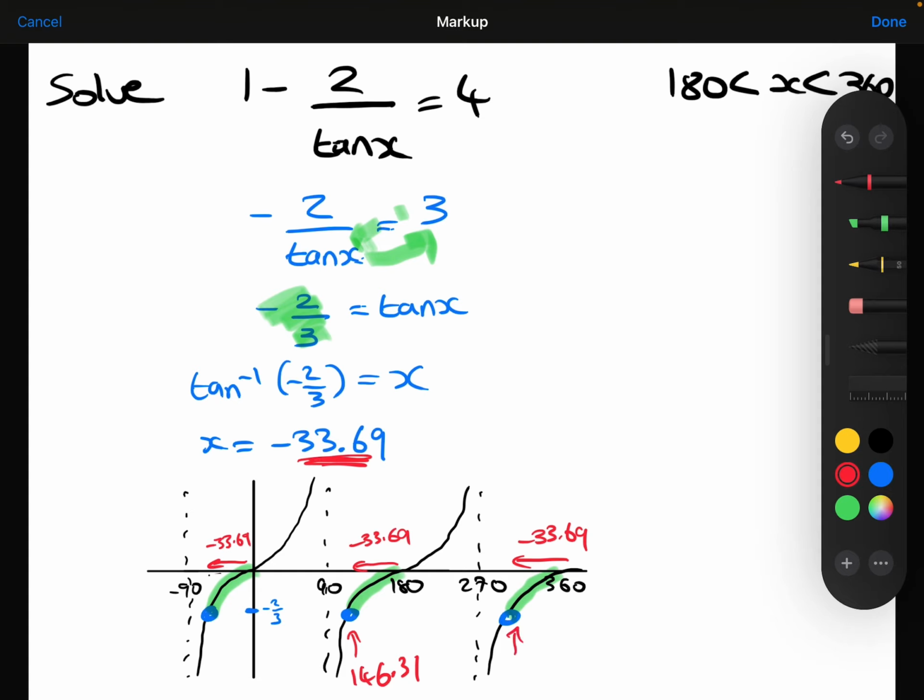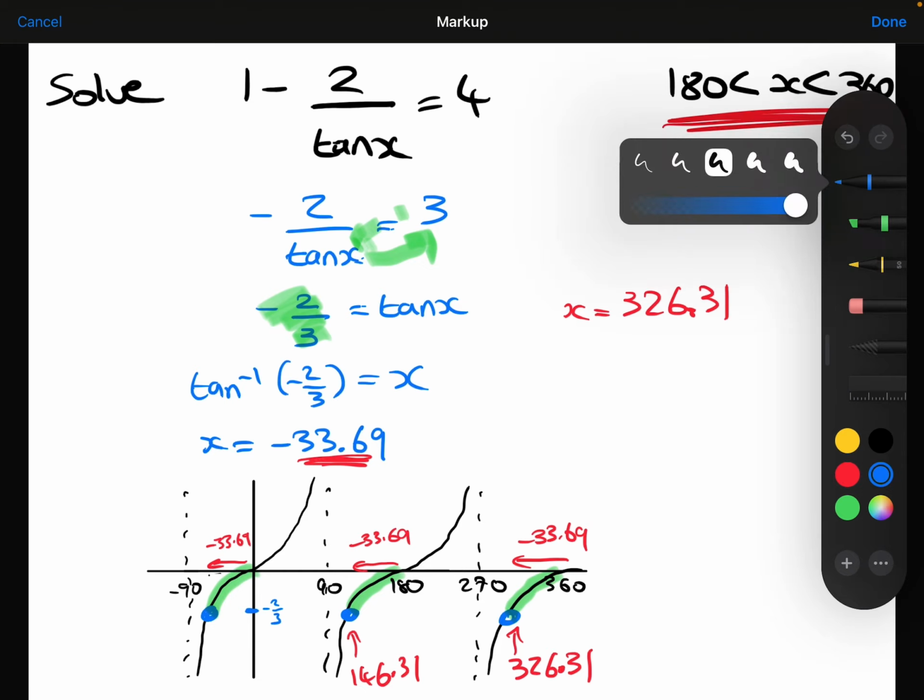So 360, take away the 33.69, gives 326.31. So our answers are the minus 33.69, the 146.31, or the 326.31, and we're going to give 326.31, because that is the answer that's in between 180 and 360.